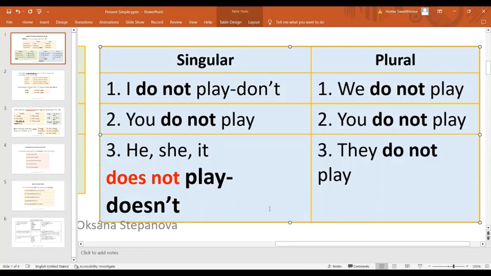Practice to say it. You can also practice to say don't if you never did it before. In plural form, there are no changes in the negative form. So we say, we do not play, we don't play, you do not play, you don't play, they do not play, they don't play.